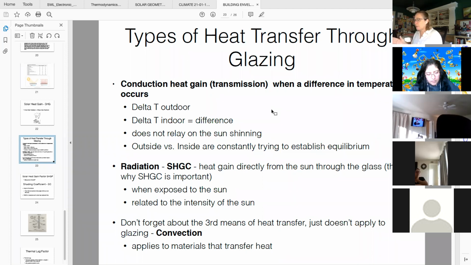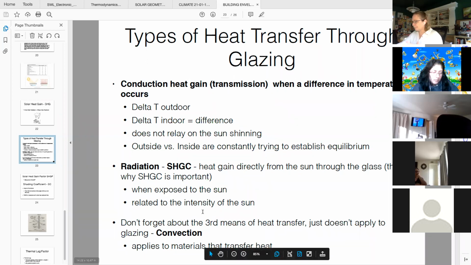Remember, everything's always trying to reach equilibrium. So if the inside is hotter than the outside and you get the solar heat gain, it's not going to conduct through the glass material. You get your radiation, that's what comes directly through the glass. And so those are the two types of heat transfer that affect our windows. The third, convection, doesn't apply to glazing.